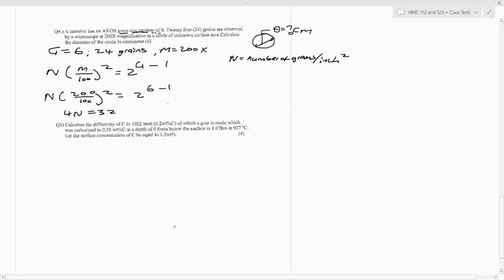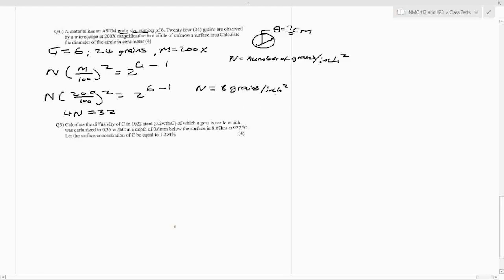So that would mean that our N value is 8 grains per inch squared, right?